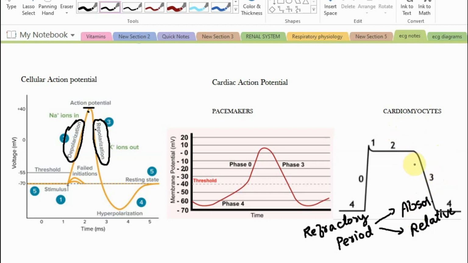The absolute refractory period in a graph usually lies at the initial 1/3 of the cardiomyocyte's action potential graph. It's usually from here to here.